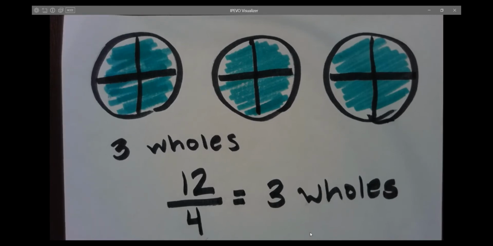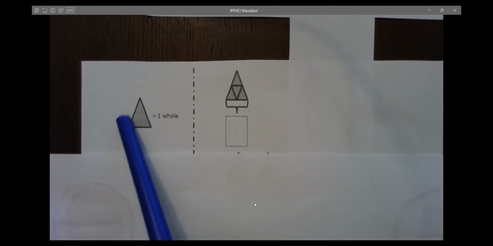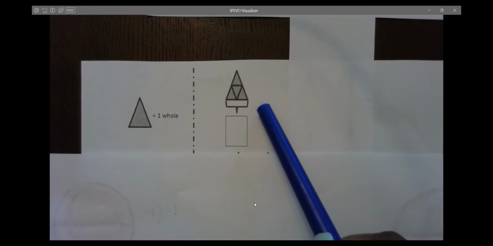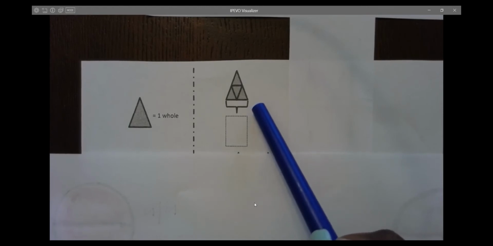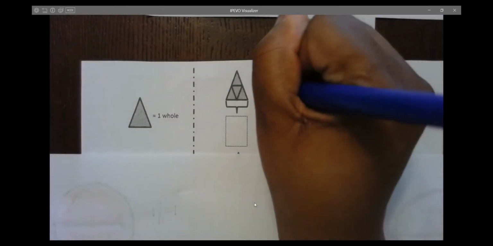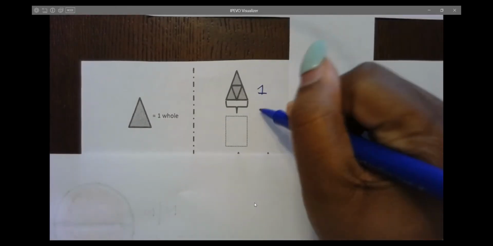All right, let's practice with a few more. So here in this one, our whole is the triangle. So this triangle represents our one whole. So how many wholes do we have for this one? Right, we have one whole.